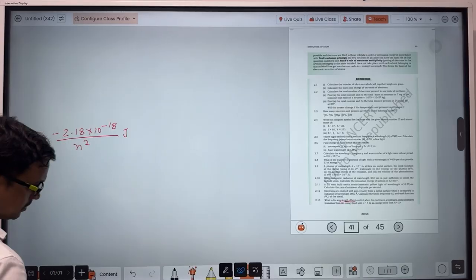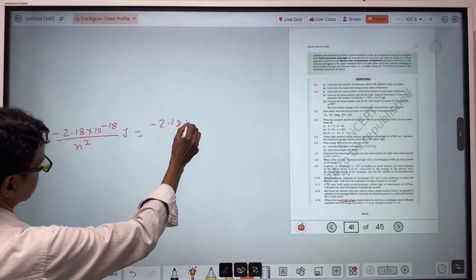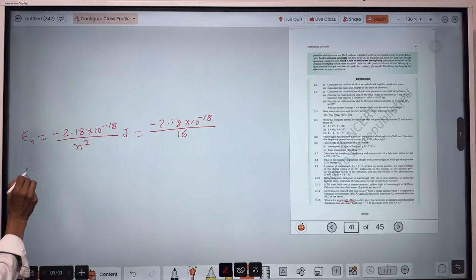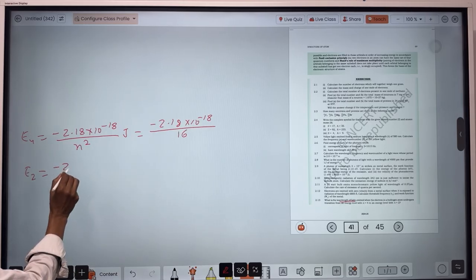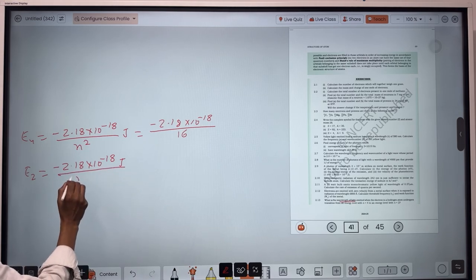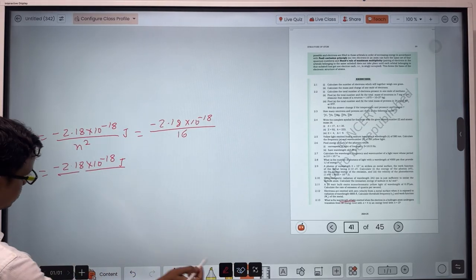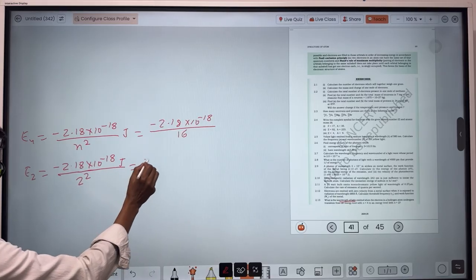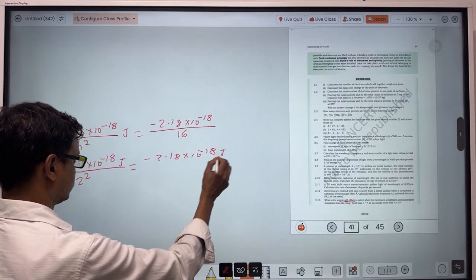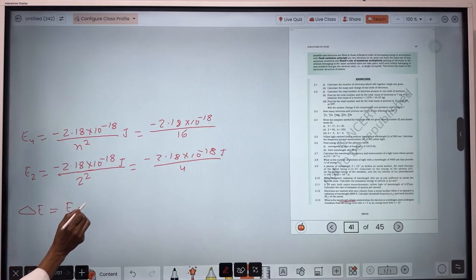This much joule energy is released, equal to when the same electron is present in the second shell, with its energy. So the difference in energy will be equal to E2 minus E1.